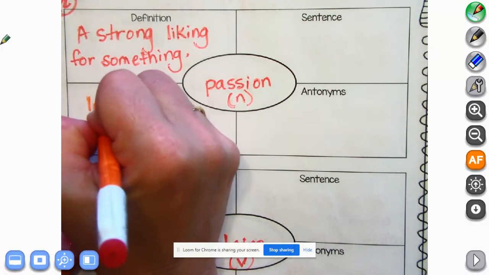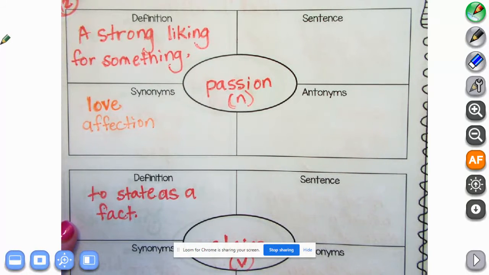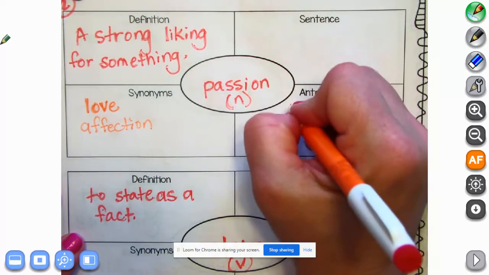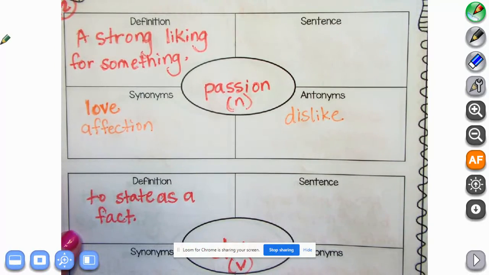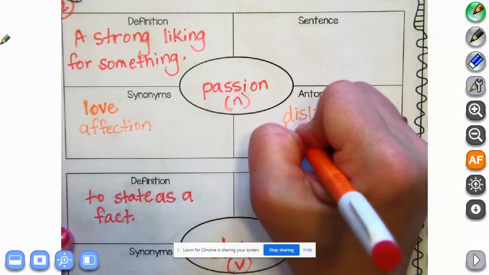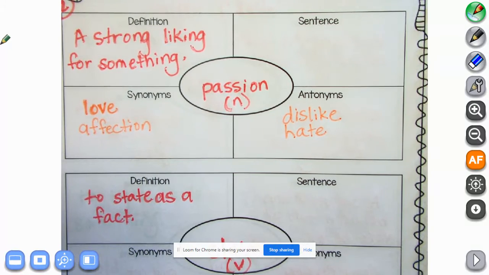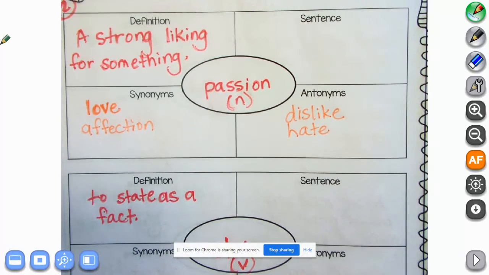Affection, a good feeling about something. Affection. The opposite would be a dislike for something, or hate for something. All right, make sure you get those written down. Go ahead and push pause if you need to. You'll be coming right back to get the next one.